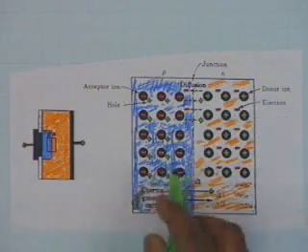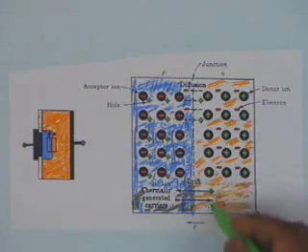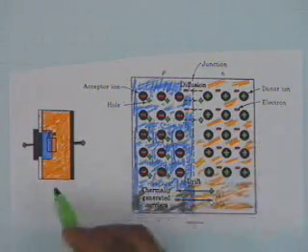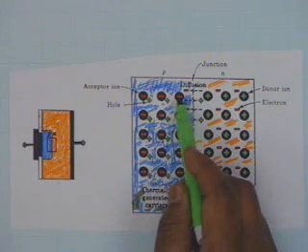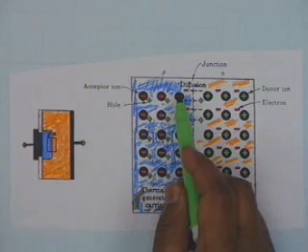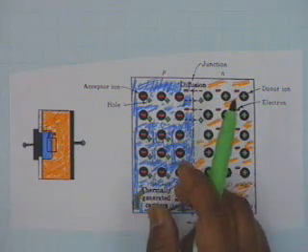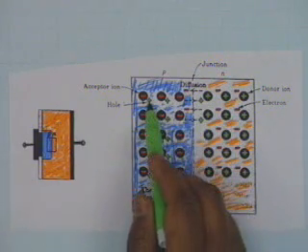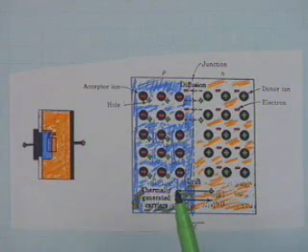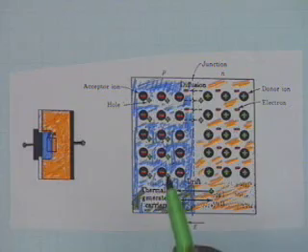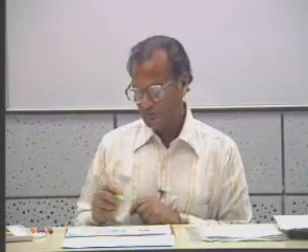Now on the left is the p-type material, on the right is the n-type material, and you can see that on the left the fixed ions, these are acceptor ions and they are negatively charged, these are bound charges, and there are mobile holes. Actually holes do not move, what moves is an electron, but an electron movement is equivalent to motion of a hole.